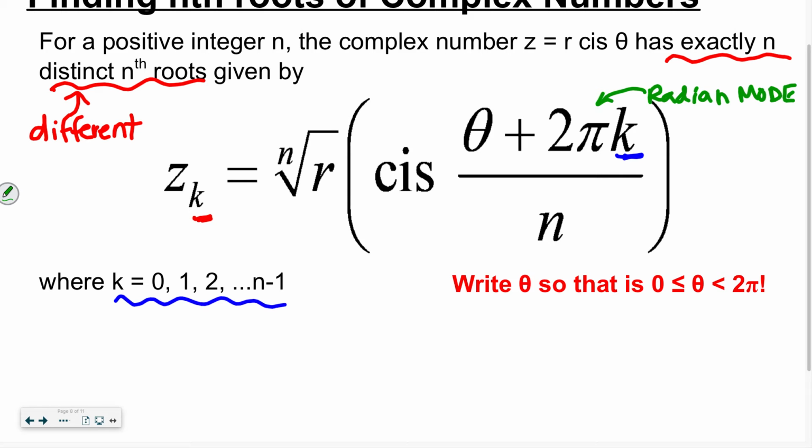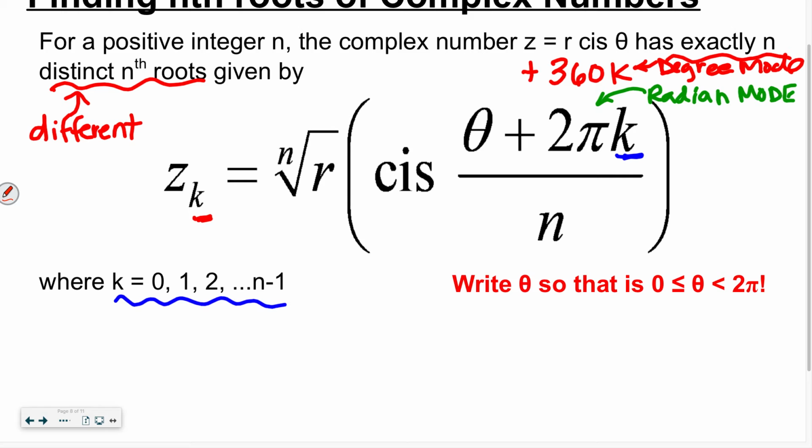Or you could just amend this formula to be in degree mode. So what would you change about the formula? Add 360k. So I would write in my notes that an alternate version would be plus 360k, and this will be for degree mode, and hint, hint, wink, wink. If you use the formula in degrees, then you don't have to keep changing your calculator between degrees and radians.